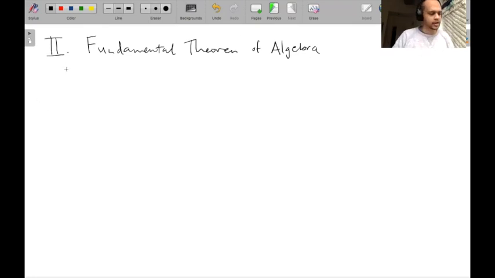Okay, so this is an illustration of the power of topology to prove things outside of topology. So here's what the theorem says.